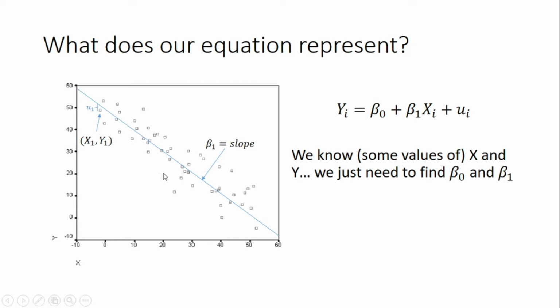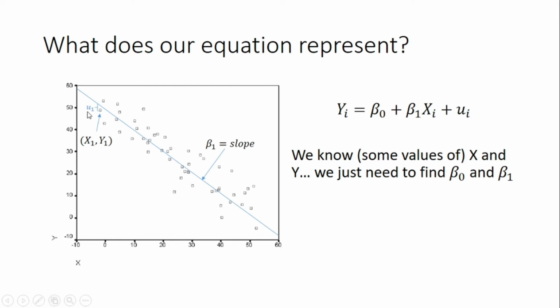For the time being, I've just drawn in any blue line, any line at all. This is not necessarily the line of best fit, it's just any line. And what we'd like to do is change the slope and shift it around such that it becomes the best fitting line.